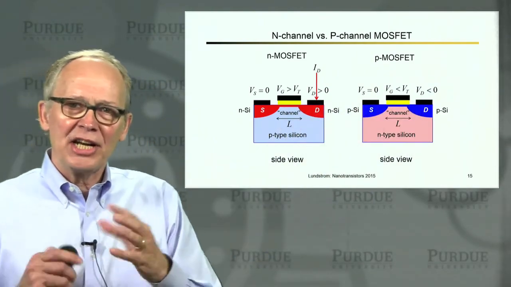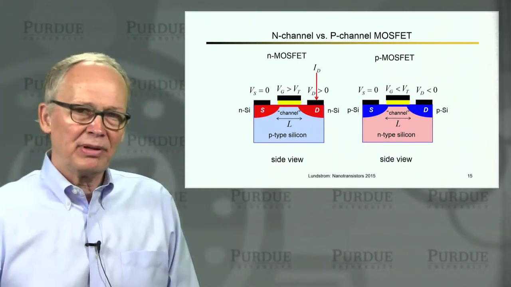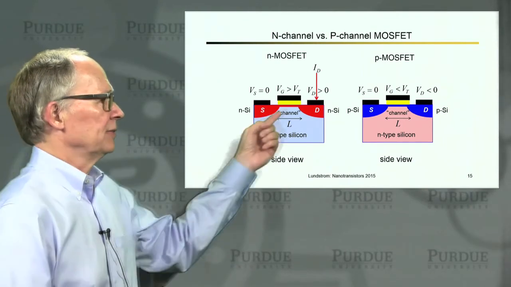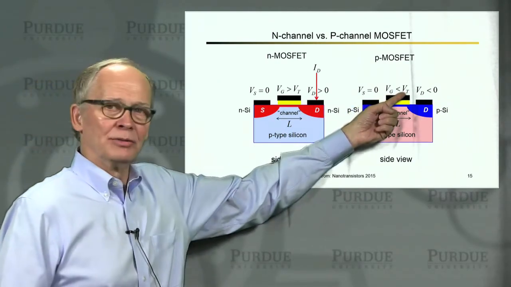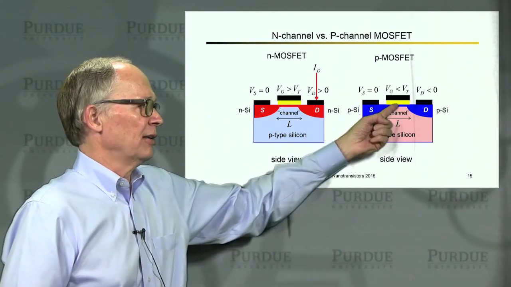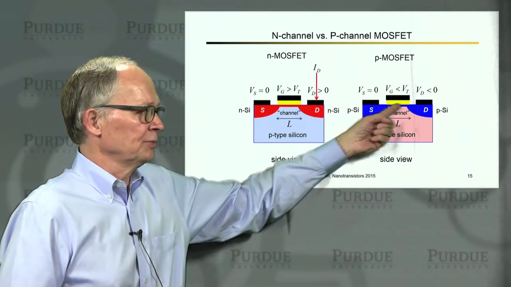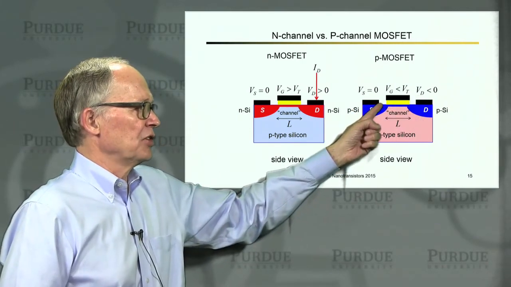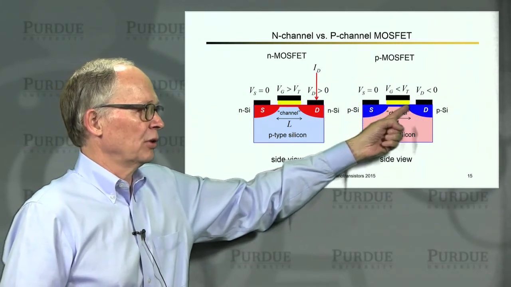Now, everything changes sign. When I apply a negative gate voltage, if it's more negative than the threshold voltage, which is negative for this device, then I create a channel of positive carriers, holes. The negative voltage on the drain attracts the positively charged holes from the source. They flow across the channel.